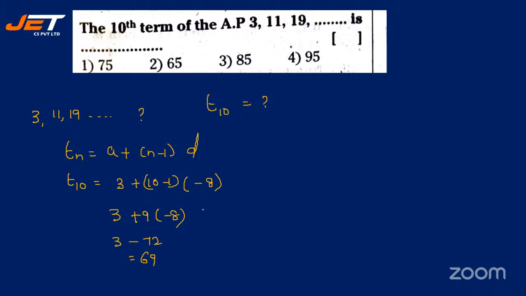So 11 minus 3 is plus 8, not minus 8. There was a mistake. So 3 plus 72, it is 75. So your correct answer is option 1, 75.